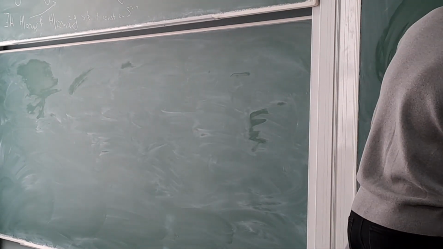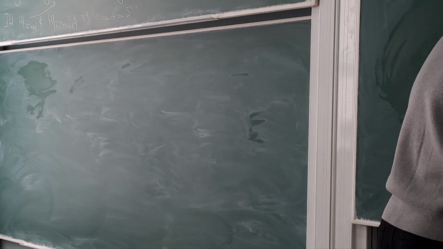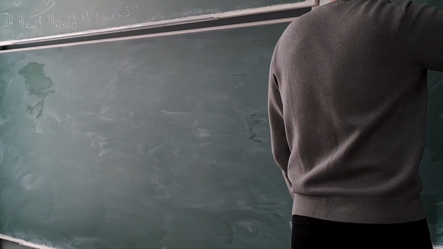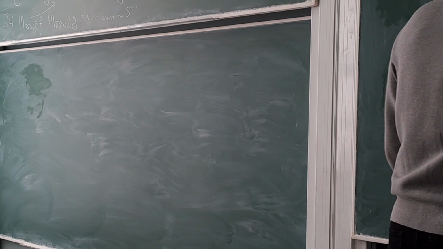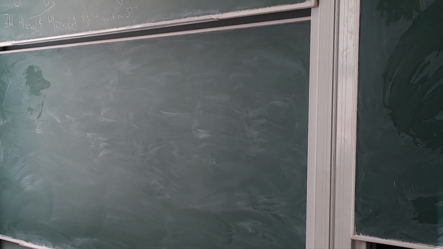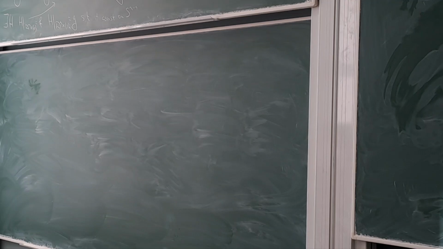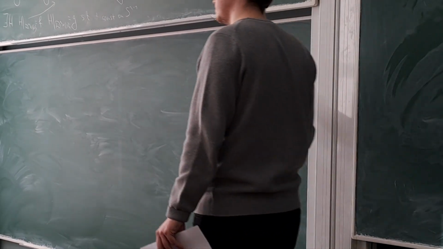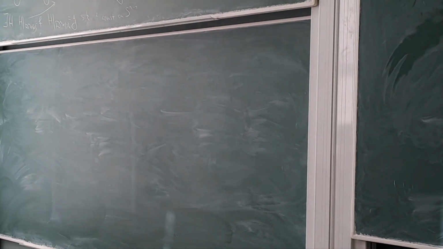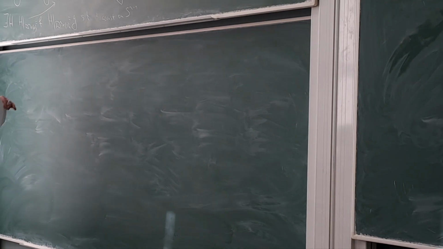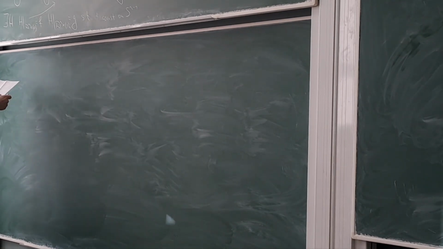So now I want to prove what is called a long exact sequence of fibration. So and the sequence will say thus that if you have a fibration, how the homotopy groups of the base, total space, and fiber are related.